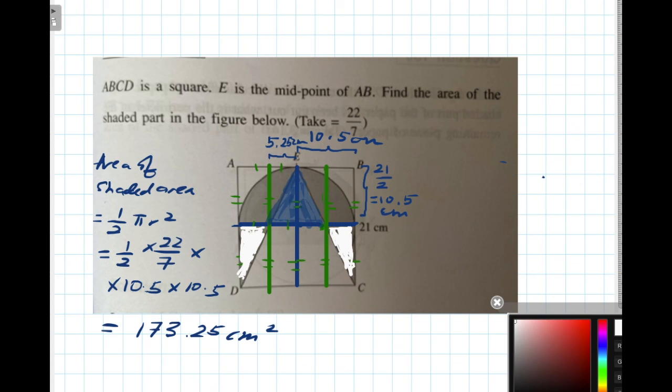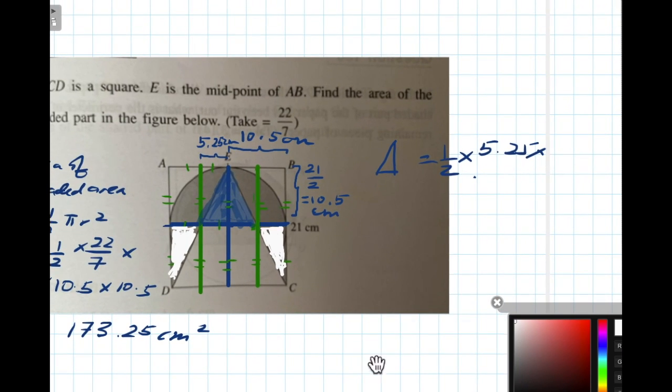So this area here is the area of the triangle here. This triangle equals half times base 5.25 times height. Height is 10.5. Times 10.5 centimeter, which is this blue thing here. Then what about this portion here? What is the area?